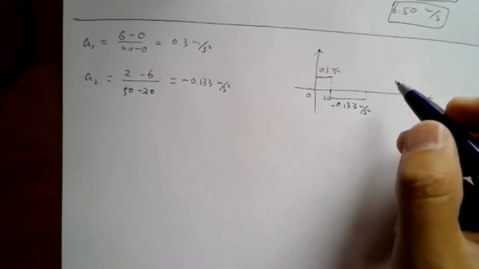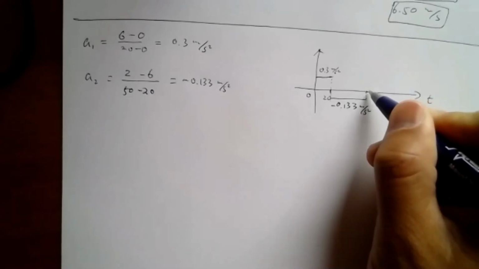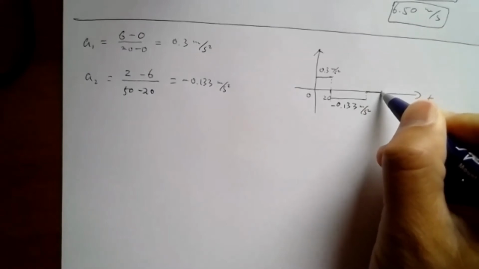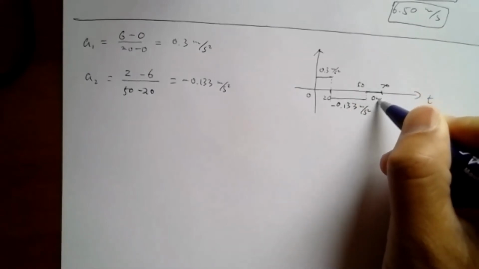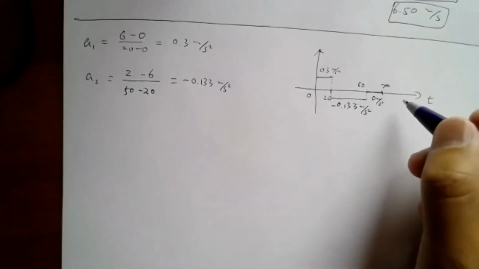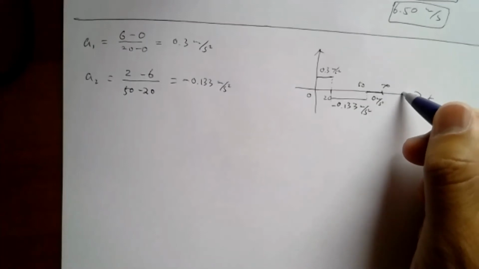And the third part is a flat line. That means your acceleration is 0, because there's no change in velocity, from 50 to 70. So this is 0 meters per second squared. Then you can do the same from 70 to 90.